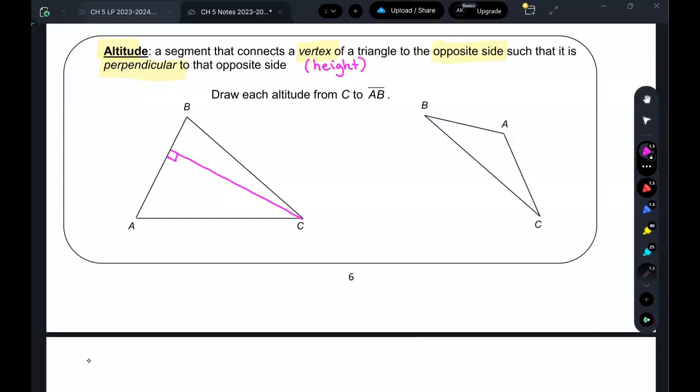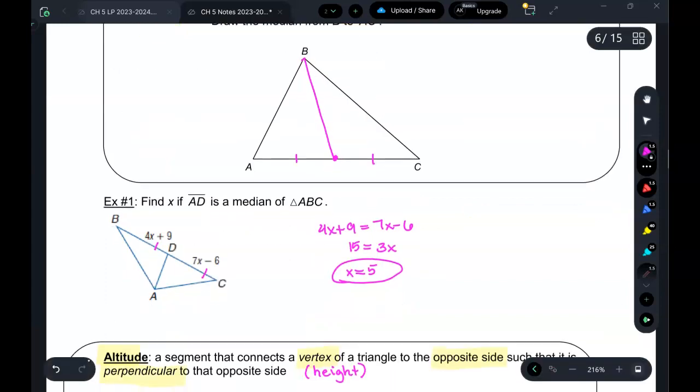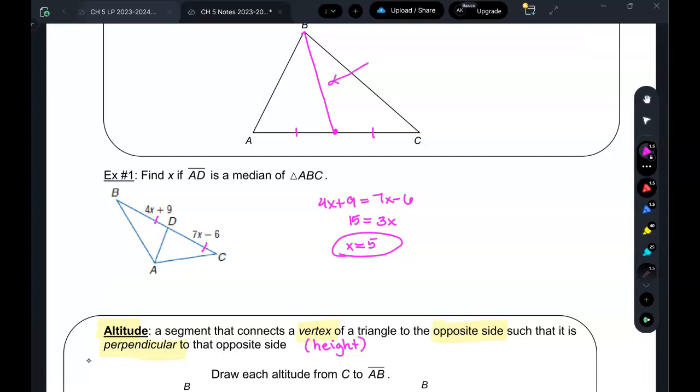So a median is a line segment. A midpoint is just a point. The median is a segment that connects the vertex to the midpoint of the opposite side. The segment is the median, and the point is the midpoint.